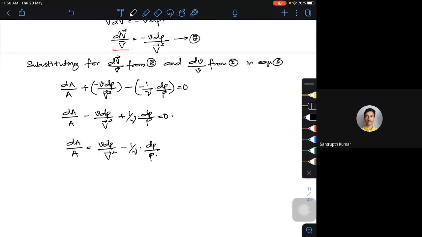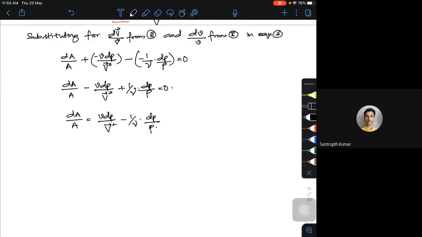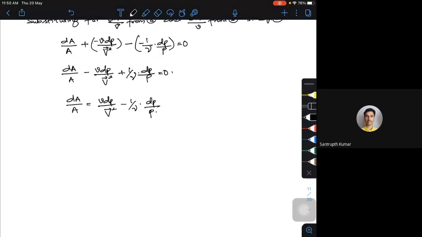Now if I try to take dP by P outside, what will happen? The same equation, I'm going to simplify.